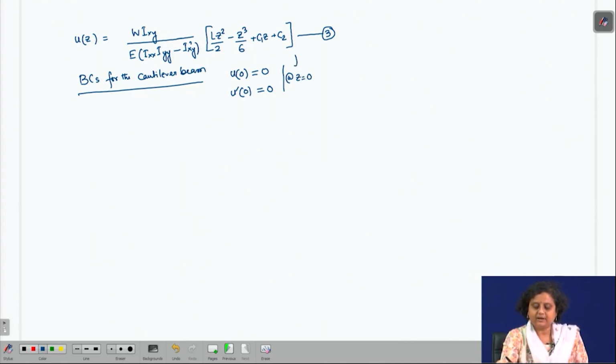If we implement these boundary conditions, we will find that both C1 and C2 are going to be 0.